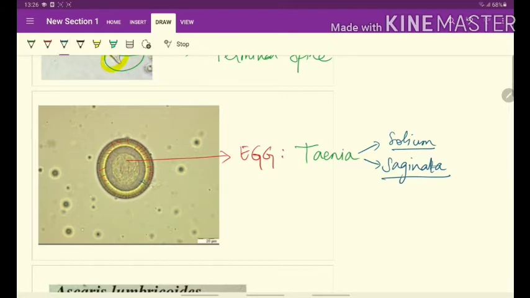which is thick and brown in color, and the embryo contains 3 pairs of hooklets. Three pairs of hooklets.